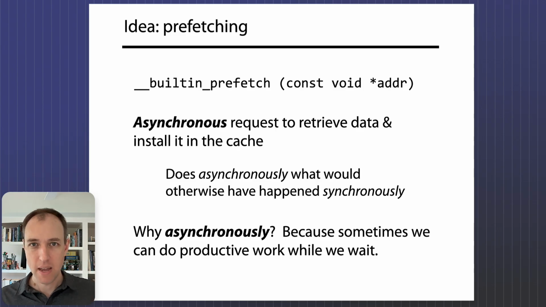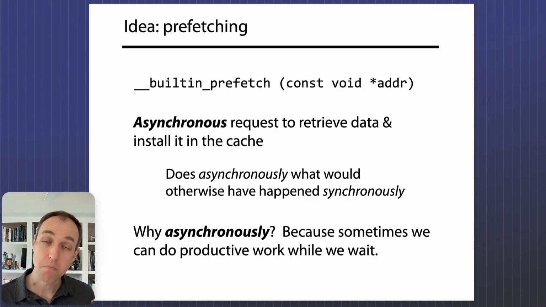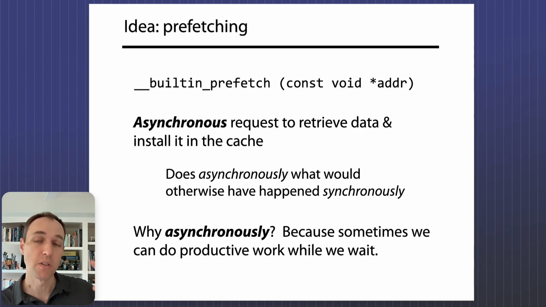And all that time while we're waiting is not being used for any useful work. Whereas if we issue this prefetch instruction asynchronously, then we go about our other business. Maybe we have some other computations to do that don't really require that memory, right? We've got some other small things to do, some arithmetic over here. Then we can make use of that time that we would otherwise have just been paused.